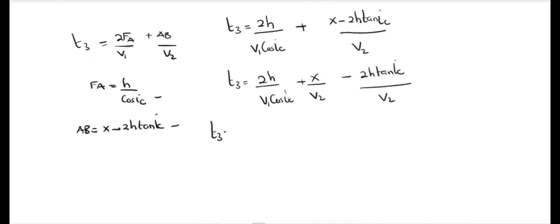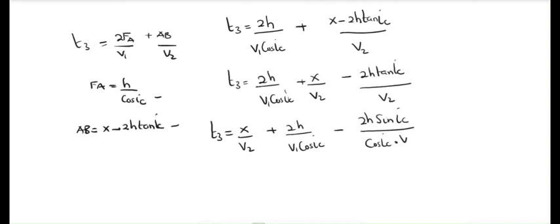Now I can say that T3 is equal to X over V2, right? Plus 2H over V1 plus IC minus 2H. Now I can see that tan is sine IC over cos IC multiplying with V2. I can do some factorization here.